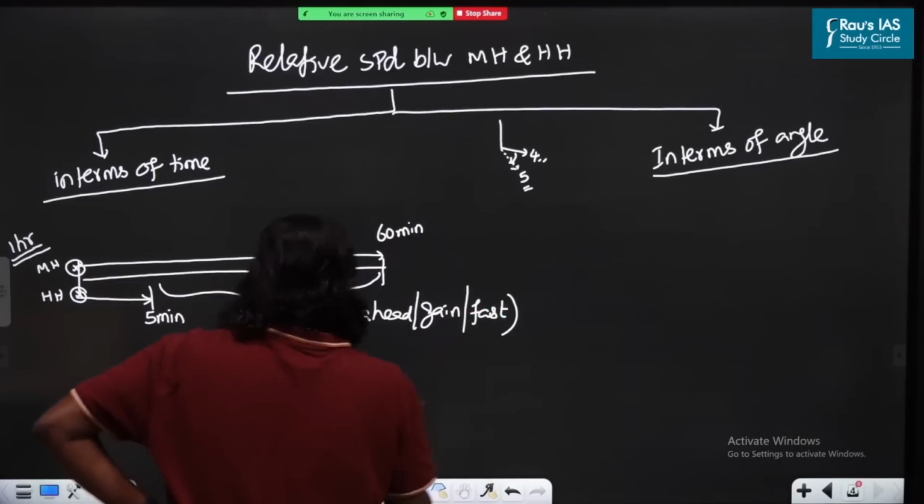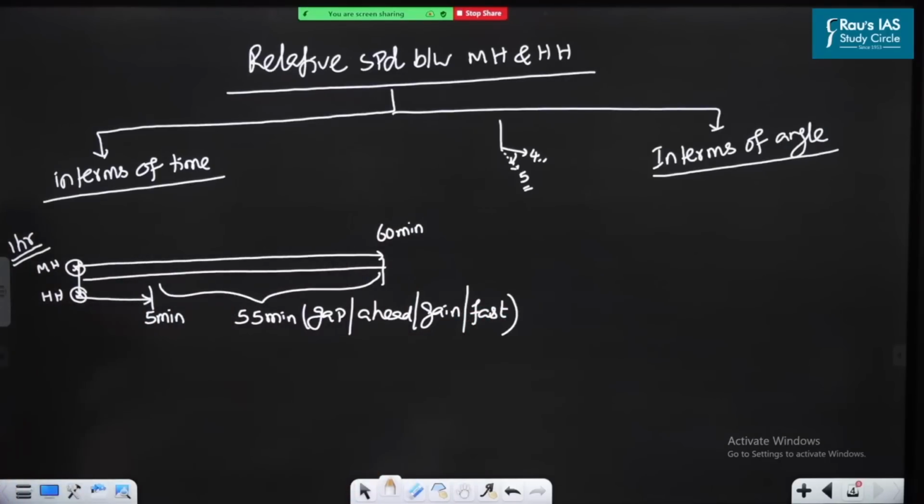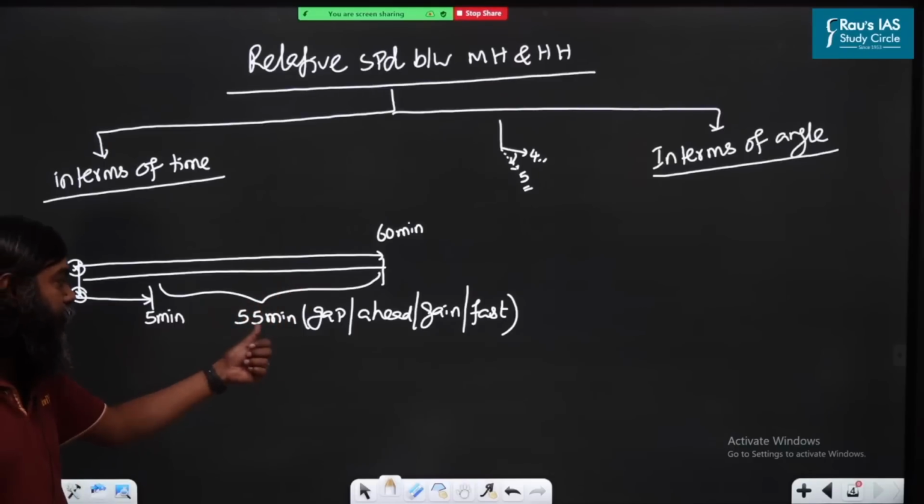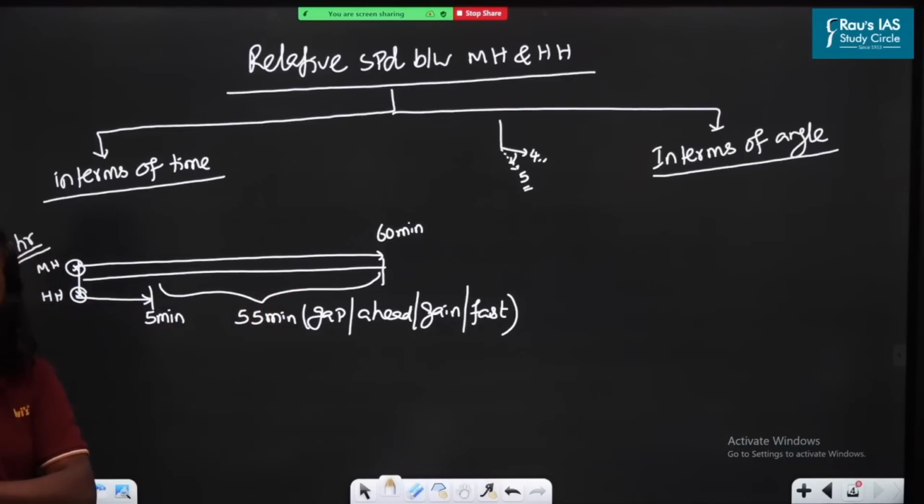All have the same meaning. What is the meaning of 55 minutes? The minute hand is 55 minutes ahead of the hour hand. Why? Because the minute hand is faster than the hour hand. If anybody goes faster, he will create a gap because they are traveling in the same direction.